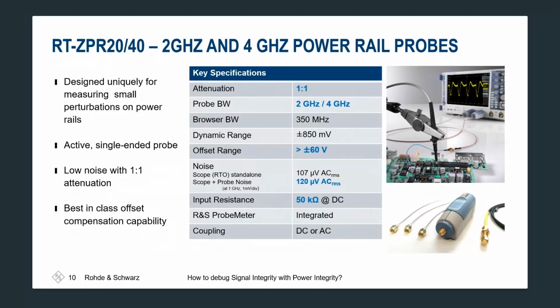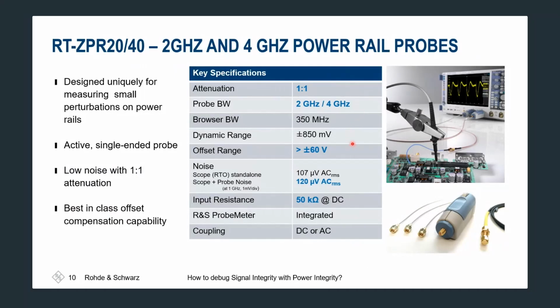Let's take a closer look at some primary specs of our RTZPR power rail probes. The characteristics mentioned here in blue line up with the so-called top concerns of power rail measurement. First of all, the probe has 1:1 attenuation, and thus it's adding less noise into your measurement. 2 or 4 GHz bandwidth enables capturing high frequency transients, which might result from cross-coupling, for example, from a wireless LAN system.